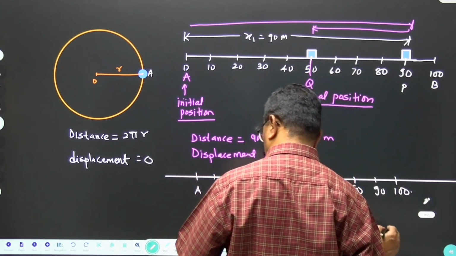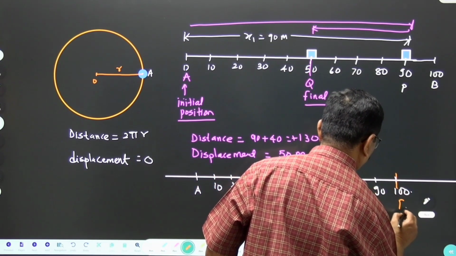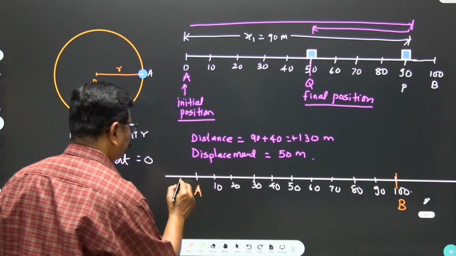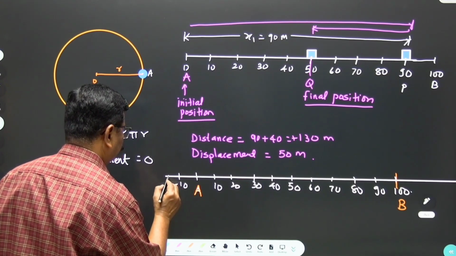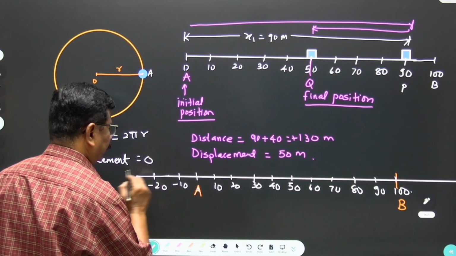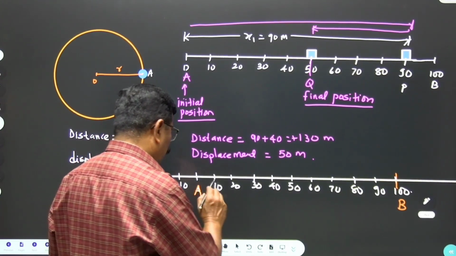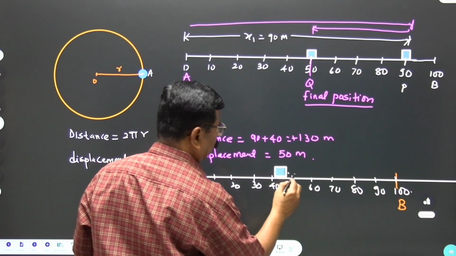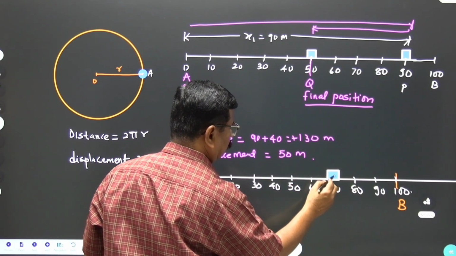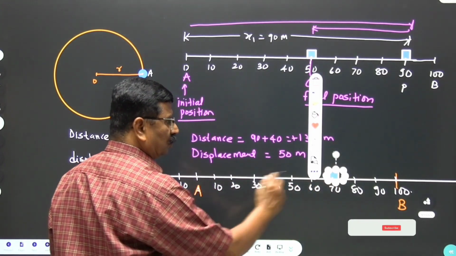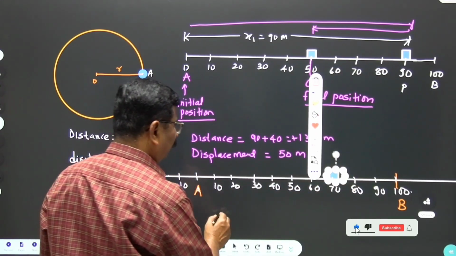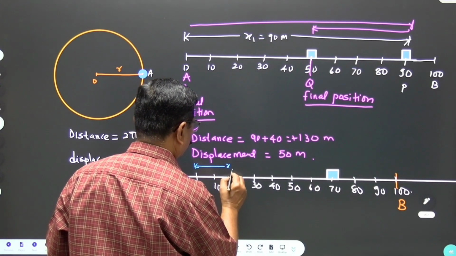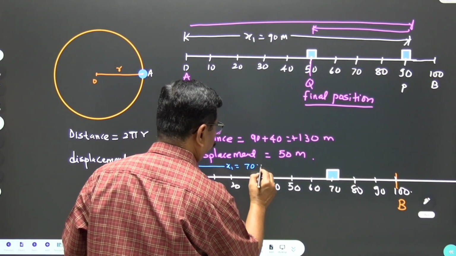And this is point B, this is point A, and then on this side it will be minus 10 and minus 20. Now the body starts moving from point A. It covers say 70-meter distance towards the right side. So here x1 will be 70 meters.